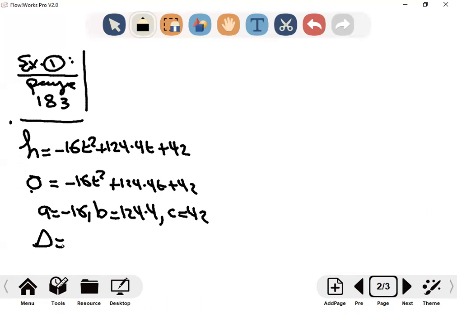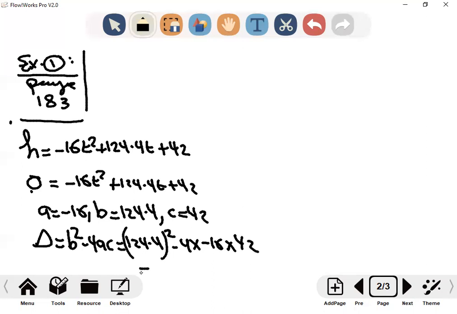Let's find delta. Delta equals b power 2 minus 4ac, which is 124.4 all power 2, minus 4 multiplied by a, which is negative 16, multiplied by c, which is 42.